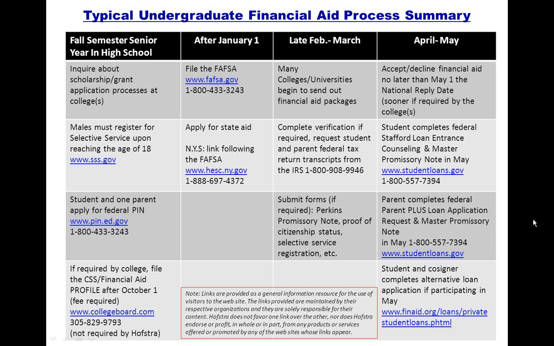Moving on to our third column, in February and March, many or most colleges and universities begin to send out financial aid packages based on the FAFSAs they've received. Some students will be required to complete a verification process, where we request that the student and parent federal tax information be submitted along with other income documentation.